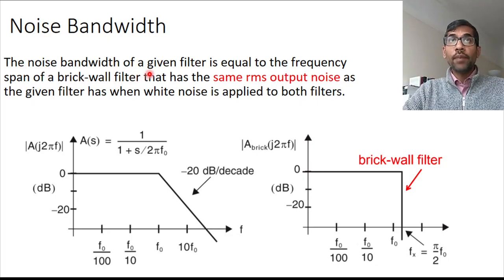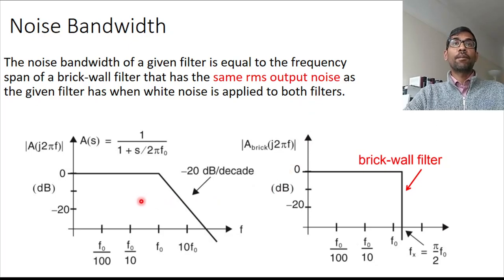So in other words, I've just written that out. The noise bandwidth of a given filter is equal to the frequency span of a brick wall filter. So this is the brick wall filter. It's equal to the frequency span of the brick wall filter that has the same RMS output noise as the given filter has when white noise is applied to both filters.